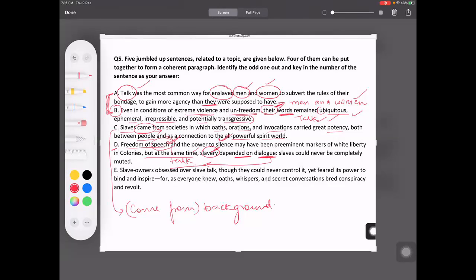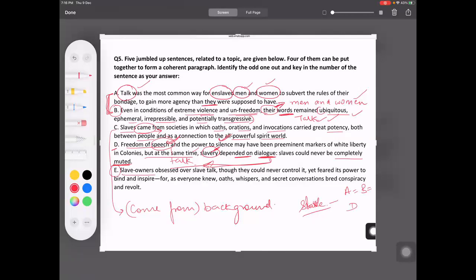Slaves could never be completely muted. So whoever the slaves are, they can't remain quiet. They can't be muted. They remain in the dialogue. All right. So again, they're talking about the slave talk. Slave talk we have talked about in the A option, which is related to the B option, which is related to the D option till now. Let's check out the E option.